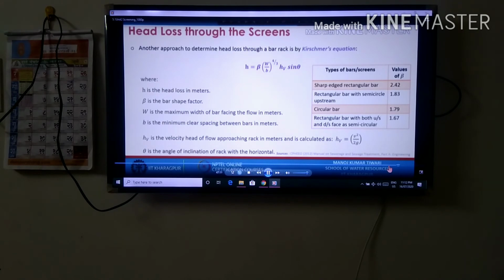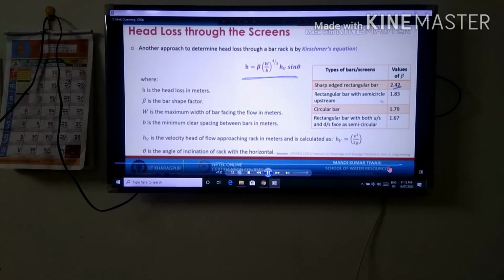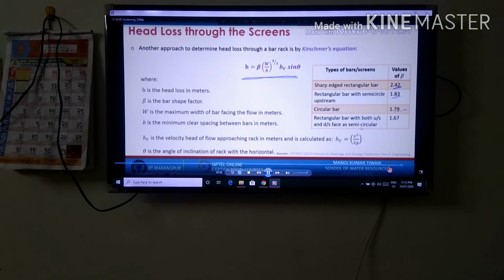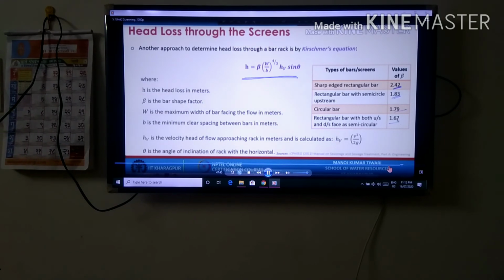There is another approach to determine the head loss through these bar screens, from this equation. Here H is the head loss in meters, beta is the shape factor of the screen, and the shape factor depends on what kind of shape it is. For a sharp-edged rectangular bar, the shape factor is 2.42. It's 1.83 for a rectangular bar with semicircle upstream, 1.79 for a circular bar, and 1.67 for a rectangular bar with both upstream and downstream as semicircular. So we take the beta value accordingly.